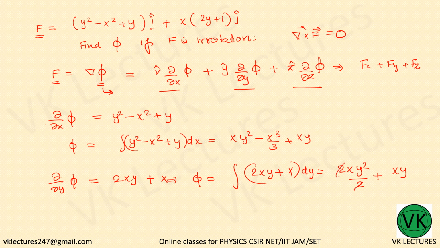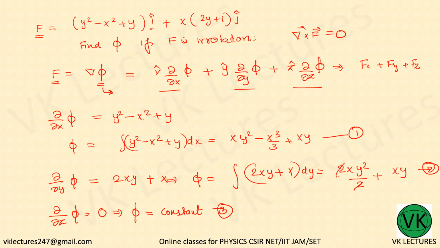Now with respect to z, dou by dou z of phi is equal to 0, which means phi is equal to a constant. I am writing it as constant itself. I need to add a constant because this is a partial derivative. So phi will be the sum of these, but I need not write twice the terms already present. The term xy square is in the first term and already exists, so I need not write it two times.